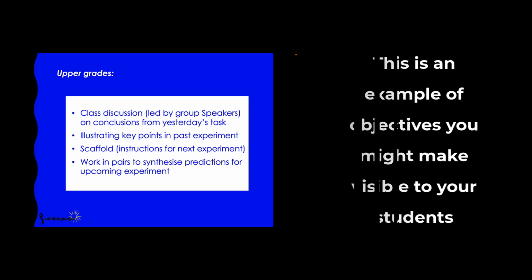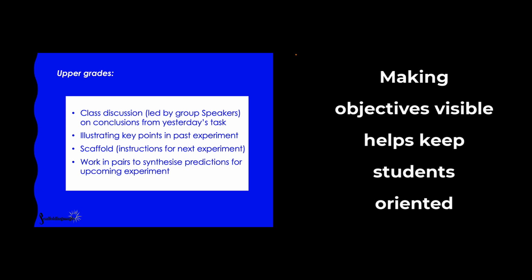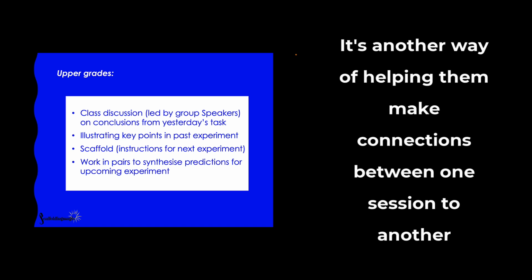We often forget that our students go from one class to another or one subject to another, and though we have the long-term vision of what we want them to accomplish, they often either don't know or they've forgotten. So having objectives visible for the session, the week, the month, the year, everything is very cognitively healthy. It's a way of reminding them what the connection is between the daily task they're doing and the long-term goals.